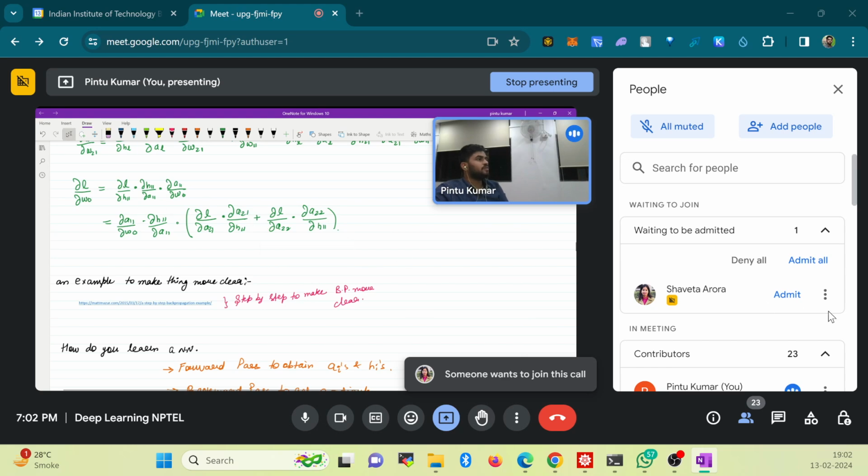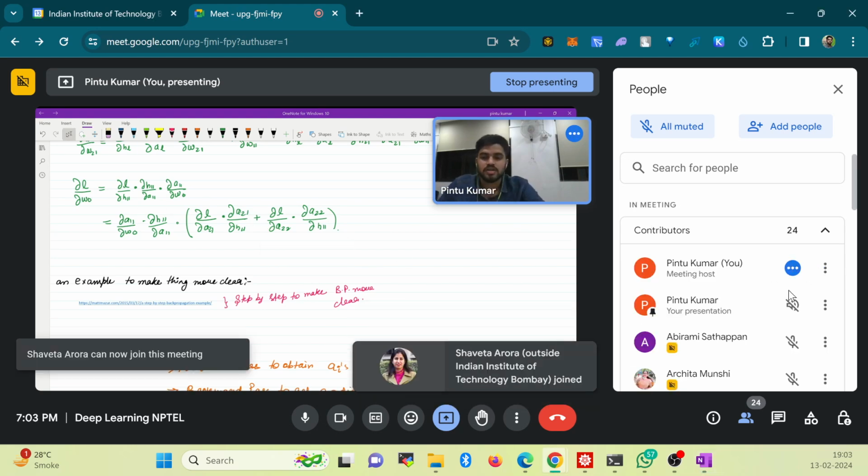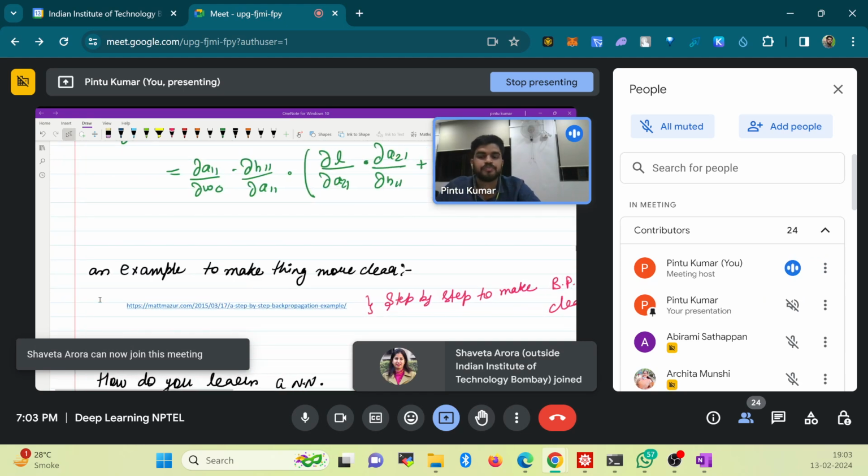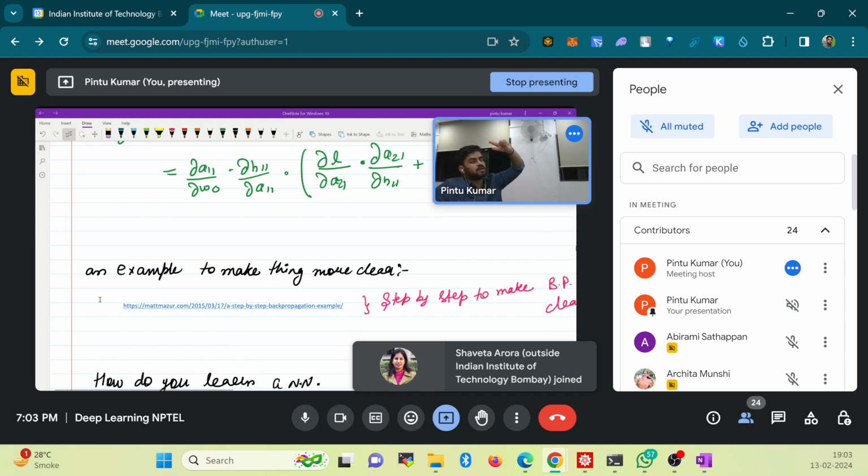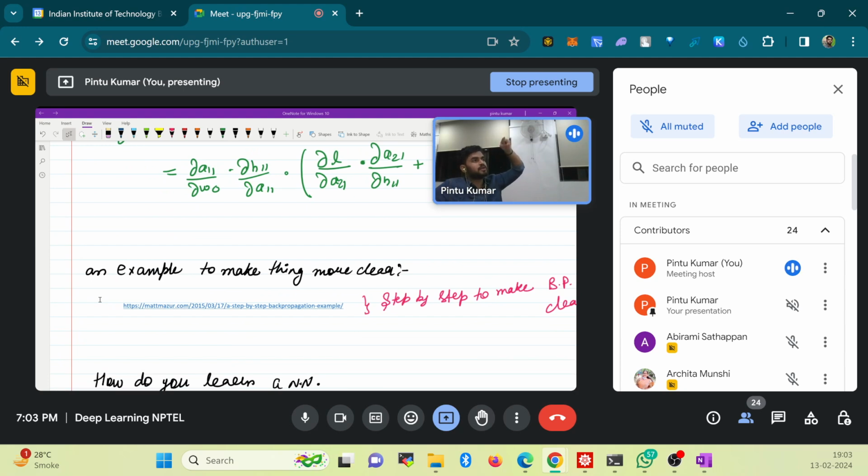I have included a link over here. In this link, there is a solved example with two inputs, one hidden layer with two neurons, and one output. So there is a numerical solution in the form of an example, showing what values you will obtain.